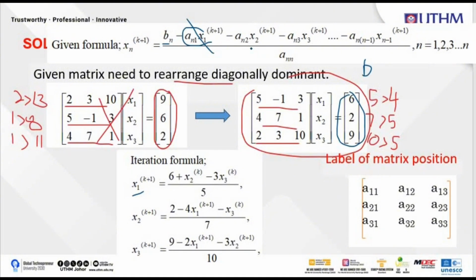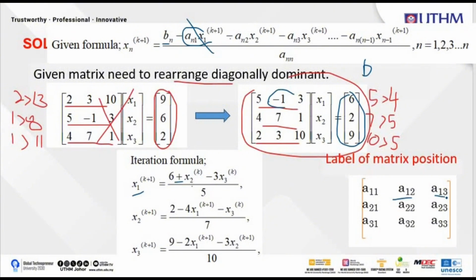So look at x2, so negative a1n, where n is 1, so that's why we go to a12. So what is a12? Here, a12 is negative 1. Because the formula has a negative, and this was negative, we just write it as positive. Then next look at this one, a1n where n is 3, meaning a13.